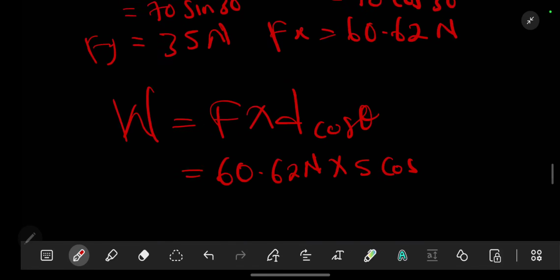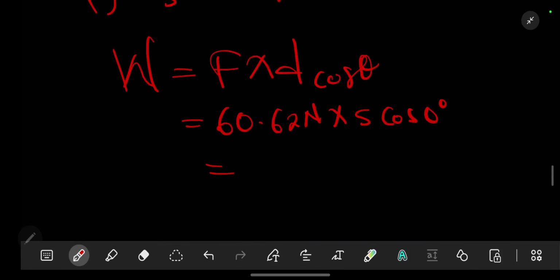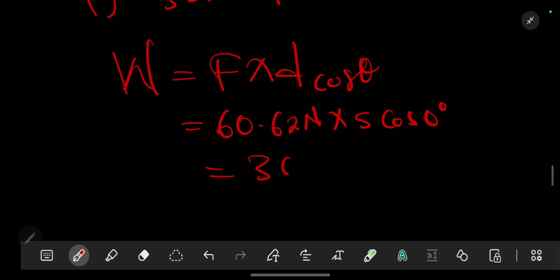They are parallel, so the angle between two parallel lines is 0 degrees. So always remember that. It will help us in the near future. We have 60.62 times the 5. The cosine of 0 is 1. So we are going to have our work will be equal to 303.1 joules, like that.